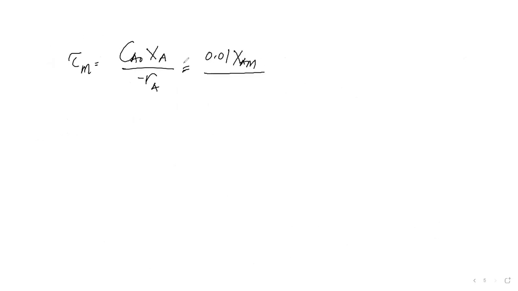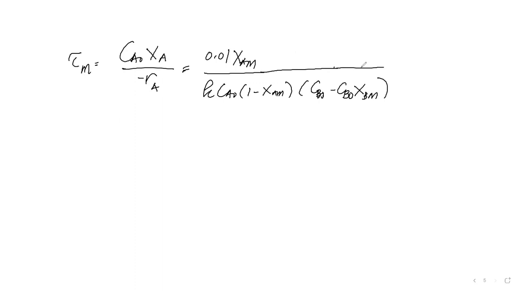The rate law will be written as K CAO (1 minus XAM), because we're talking about the conversion here in the mixed flow reactor, times CBO minus CBO XBM.